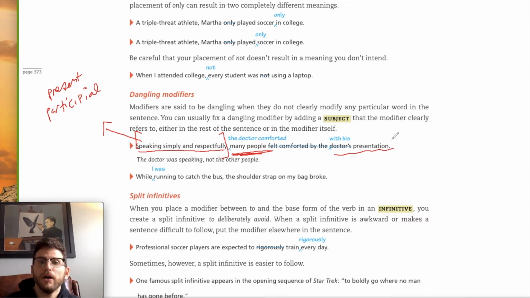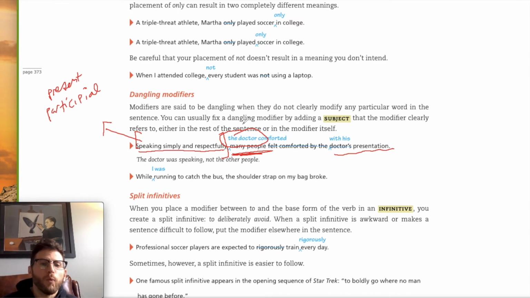Solves the problem now, because now what is coming immediately after speaking simply and respectfully? It's the doctor, and that makes sense. He is the one who's doing the presentation, and the people there are the ones feeling comforted. They're the ones hearing the presentation. So the syntax of this sentence makes sense now.